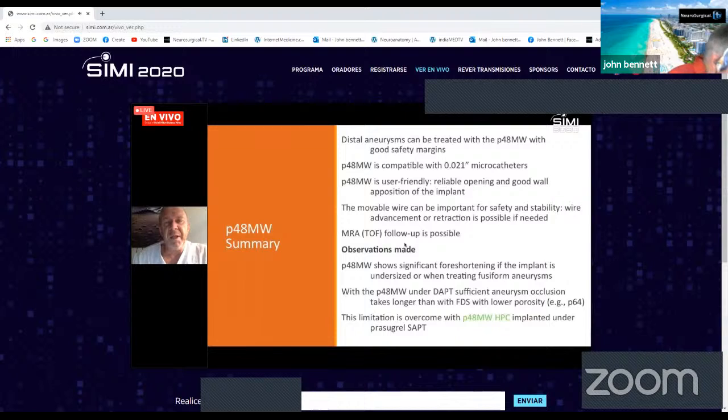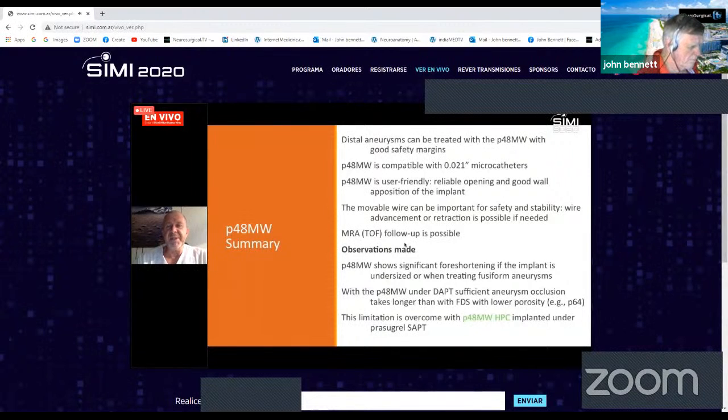So distal aneurysms can be treated with a P48 MW with reasonably good safety margins. P48 is compatible with 0.021 inch microcatheters. The device is user-friendly. It's very easy to use. The opening behavior is very reliable, and you will always see a very good wall apposition of the implant.